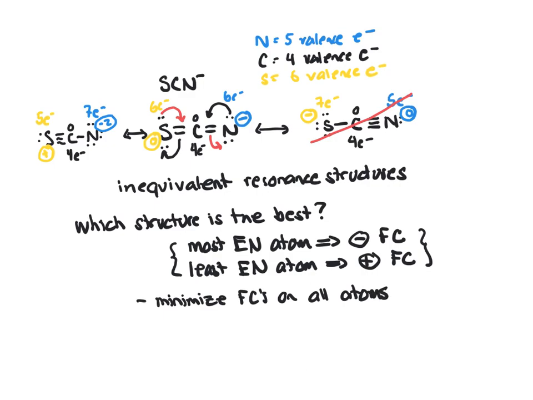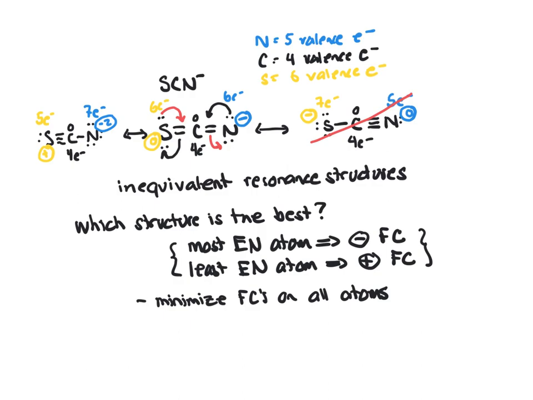So if I look at this structure, 2 of the atoms have a charge and the nitrogen has a -2 relative to this one having a minus. So 0 is less than +1, so this is better. And -1 is less than -2, so this is better. So this structure minimizes the charge on each of the atoms.